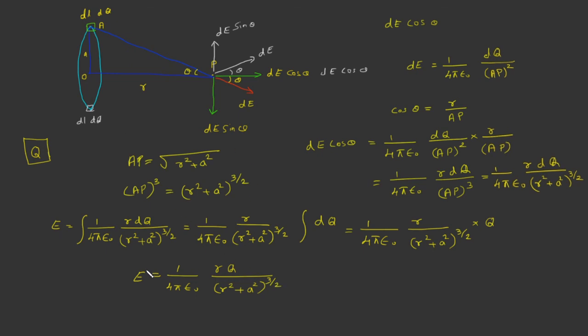And we know the direction is along the axis because the parallel components add up and the perpendicular components cancel off. So we got the electric field at a point due to a uniformly charged ring.